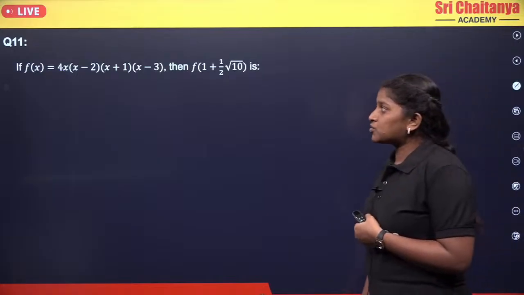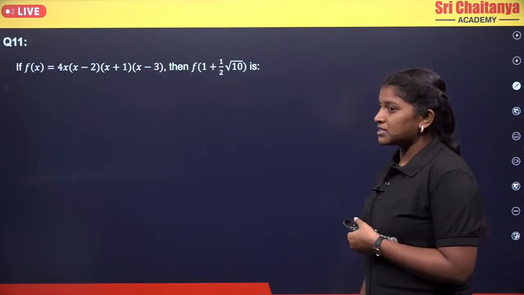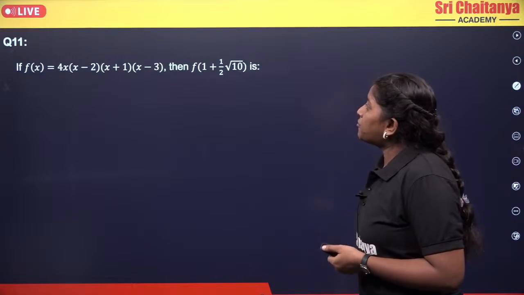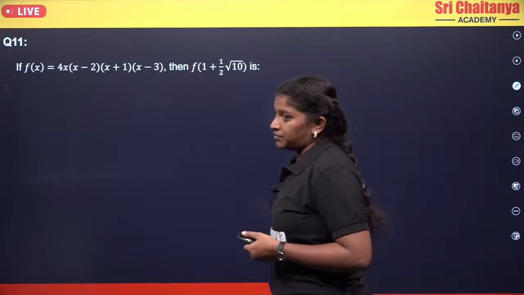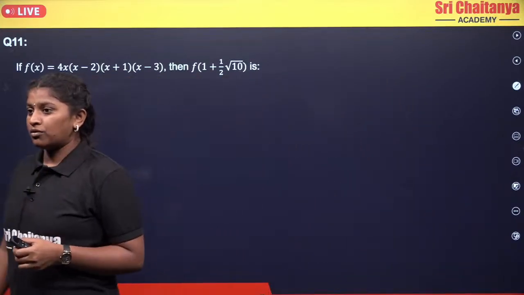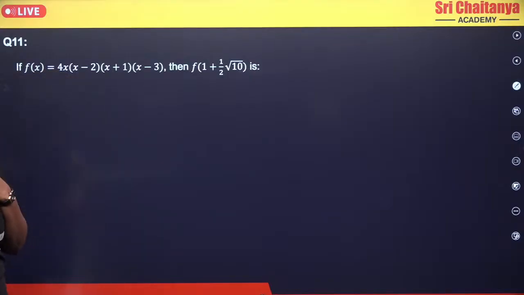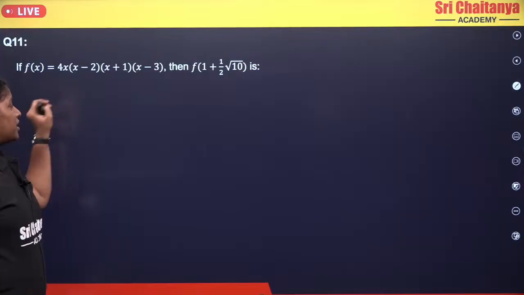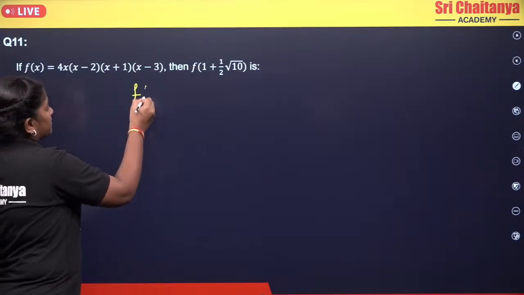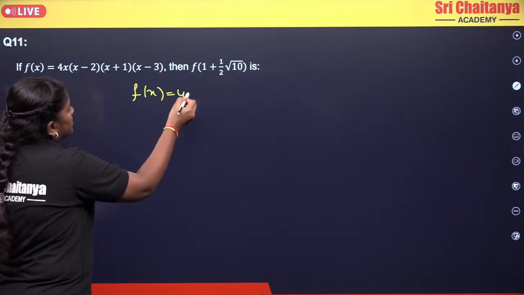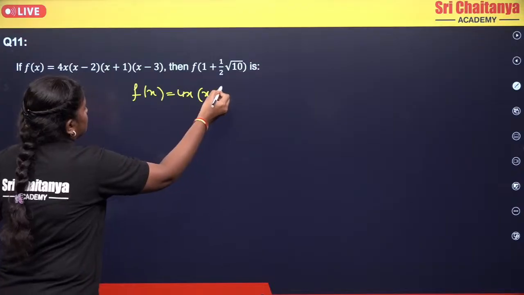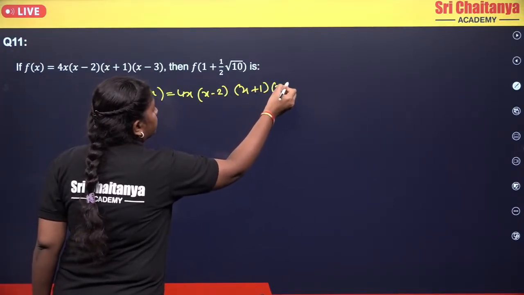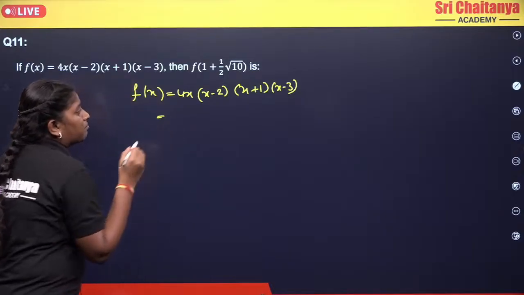If f of x equals 4x into x minus 2 into x plus 3 into x minus 3, then find the value of f of 1 plus 1 by 2 into root 10. So here first of all we are going to take f of x, which is 4x into x minus 2 into x plus 1 into x minus 3. Okay. So now just multiply it.